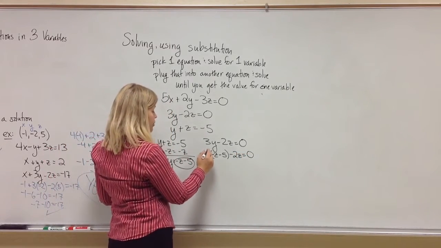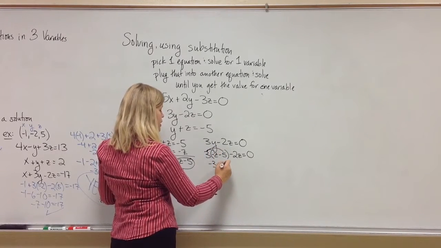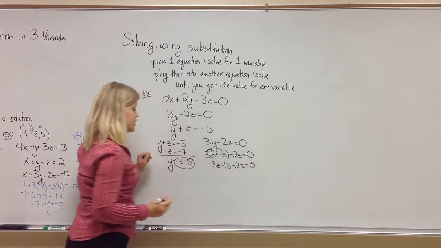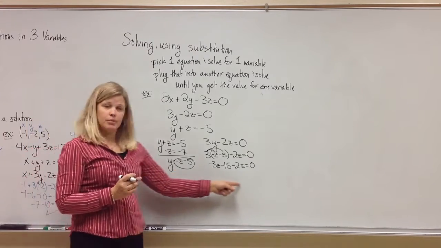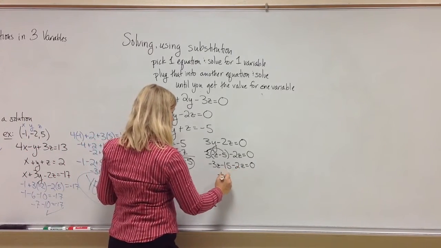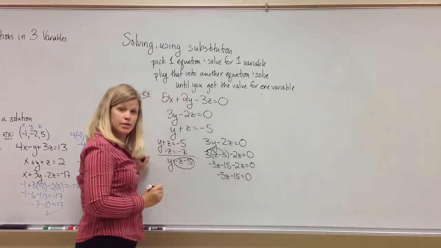Okay, so let's distribute. We get negative 3z, we get negative 15, and we get negative 2z equals 0. Okay, now, are there some like terms on this side? There are. Negative 3 and negative 2 combine to make negative 5z, and we set it equal to 0.